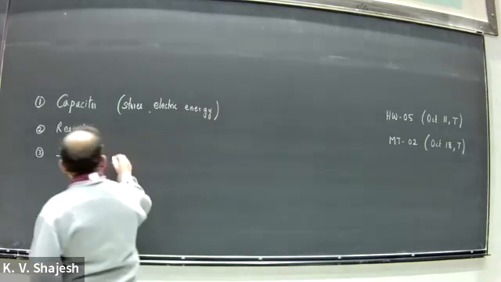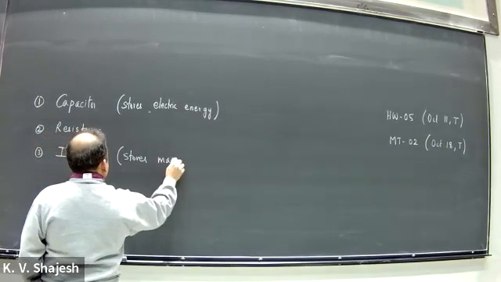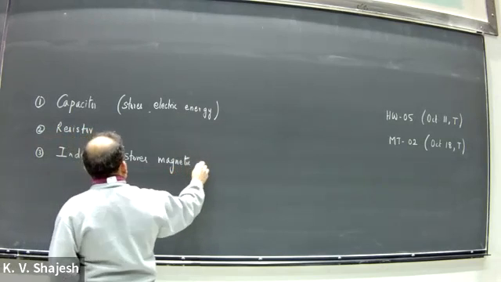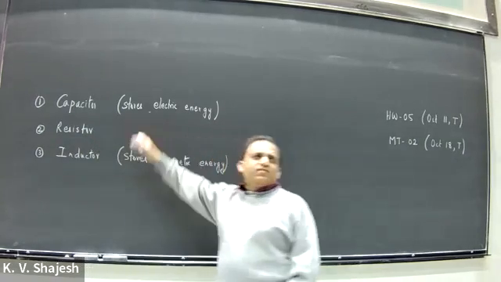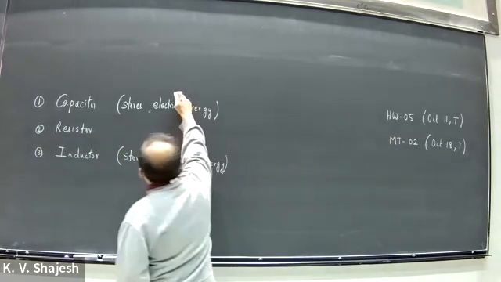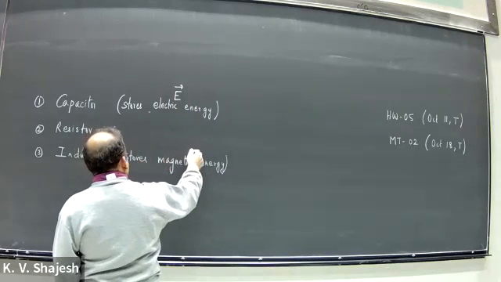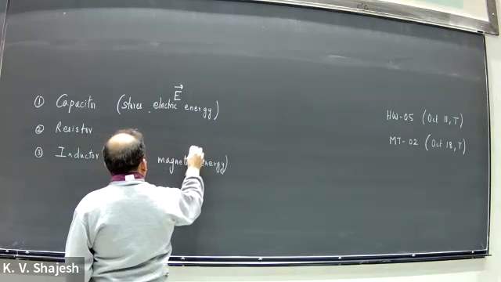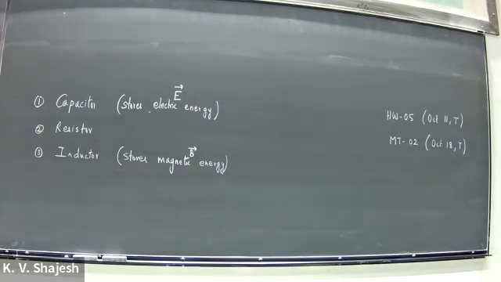But you want to differentiate this from the inductor, which stores magnetic energy. More precisely, the capacitor stores energy in the form of an electric field, so this is electric field with associated energy. And here, the magnetic field will be represented by the letter B. So it will store energy in the form of magnetic field. We haven't done this, that's just to give you a feel for what we are doing.